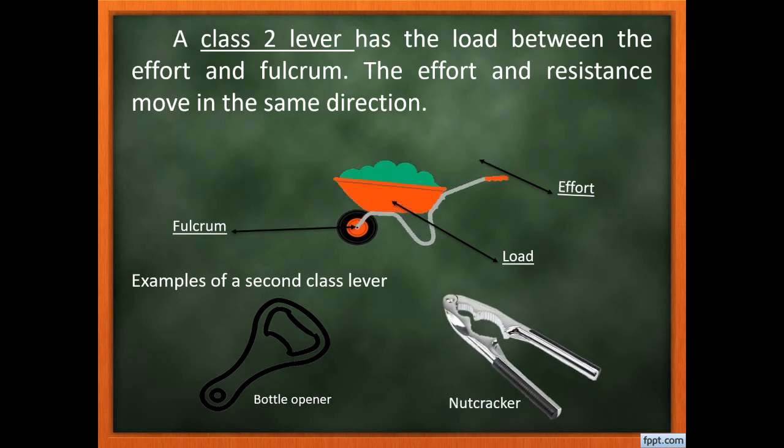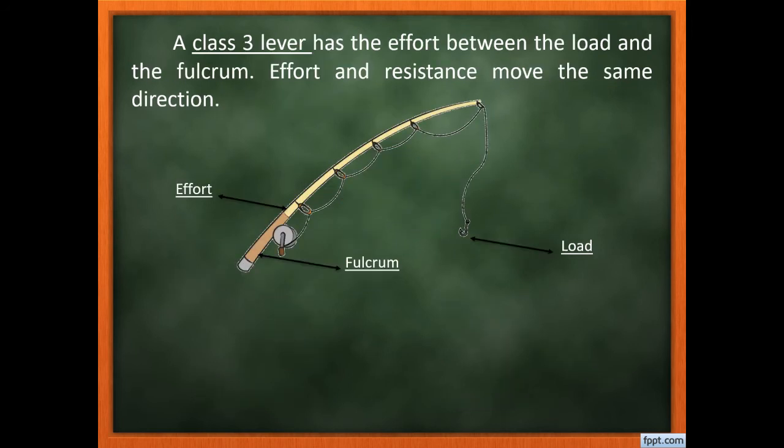And now, let's move on to the last class of lever, the third-class lever. A Class 3 lever has the effort between the load and the fulcrum. Effort and resistance move in the same direction. A fishing rod is an example of a third-class lever because the effort is applied between load and fulcrum.